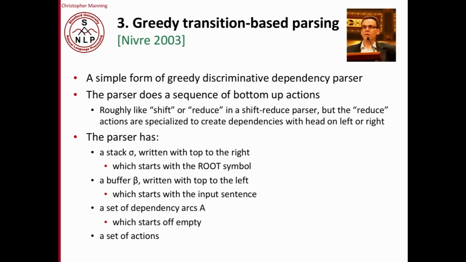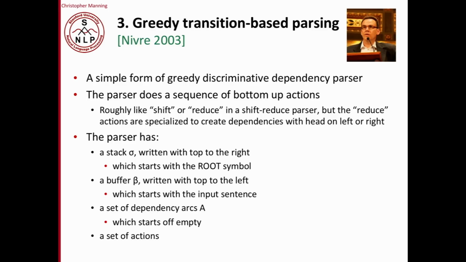This notion of parsing was mainly popularized by Joakim Nivre, a Swedish computational linguist. It's inspired by shift-reduce parsing. Probably in CS 143 or a compilers class, you saw a little bit of shift-reduce parsing.